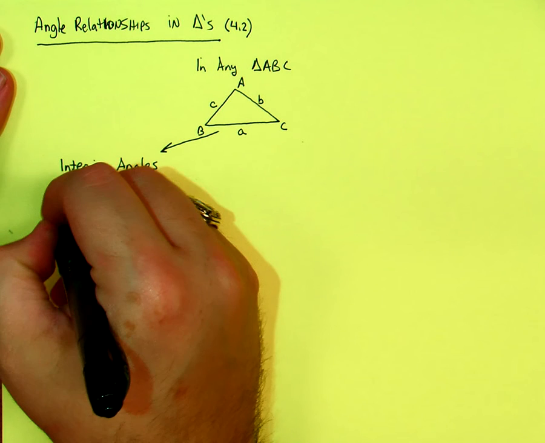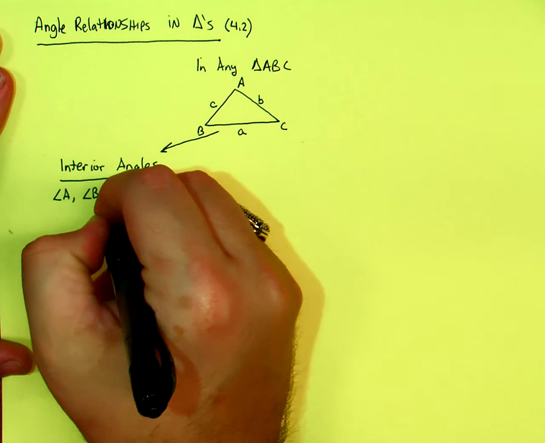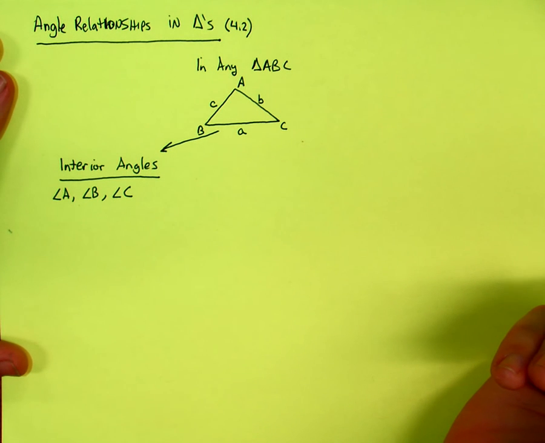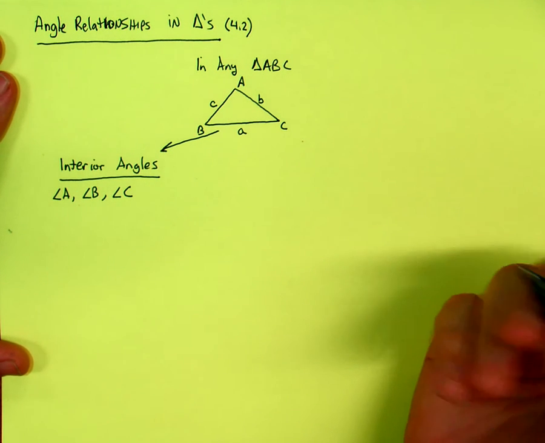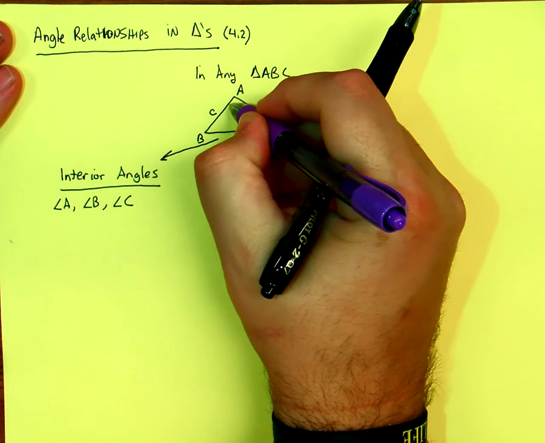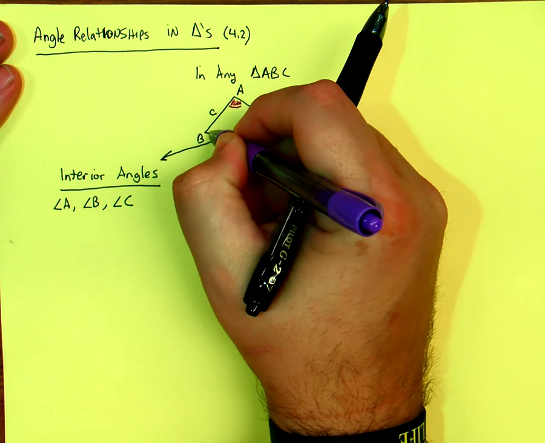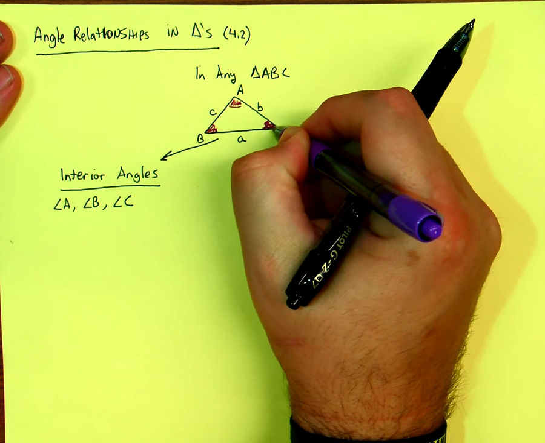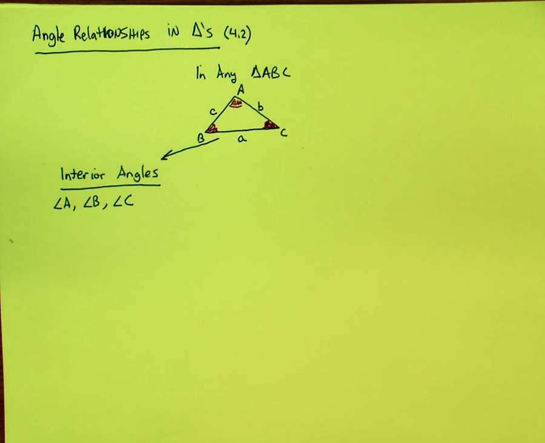So this is angle A, angle B, and angle C. Here's angle A, here's angle B, and here's angle C. What we're doing is what we call an advanced organizer, where I give you all the information right up front, and then we always refer back to it.